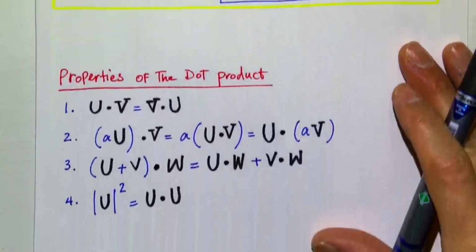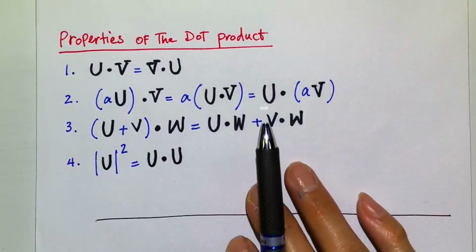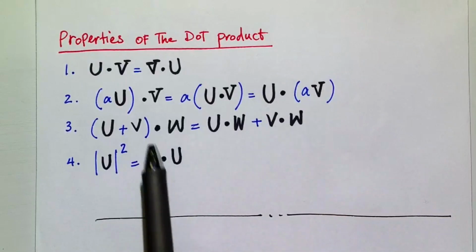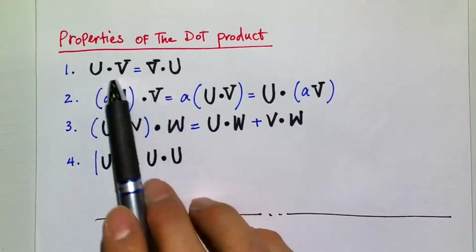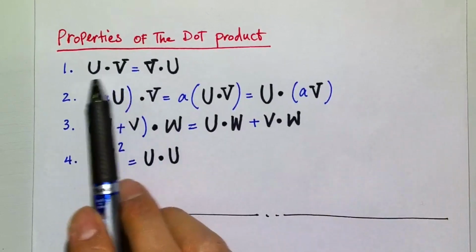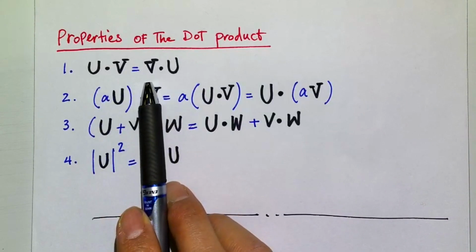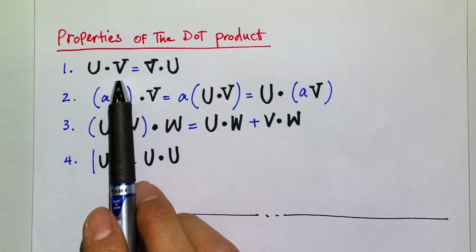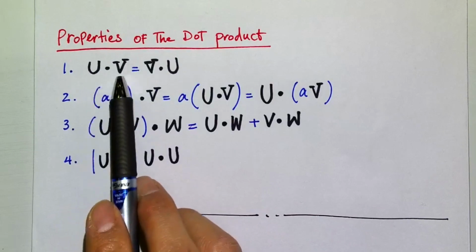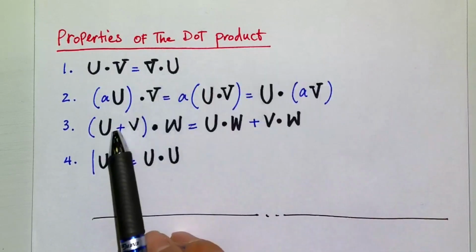Okay. Now the properties of the dot product, there are several of them. These are basically equivalent forms of dot products. So as you can see, if you change the order of the dot product, it doesn't make any difference. You can either take the dot product of u and v or dot product of v and u. The result is equal.